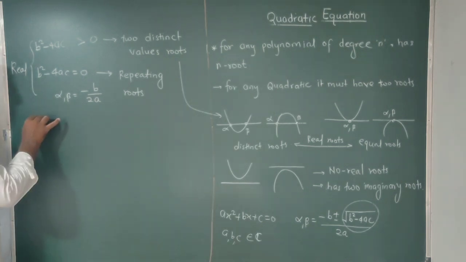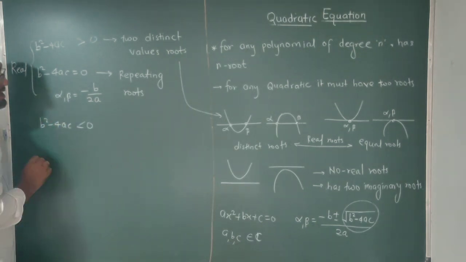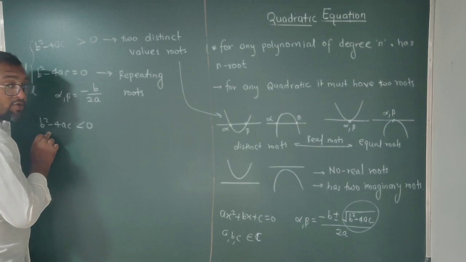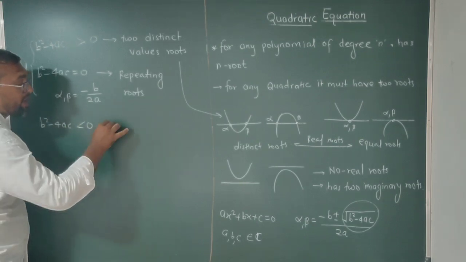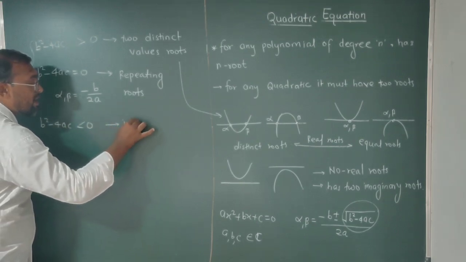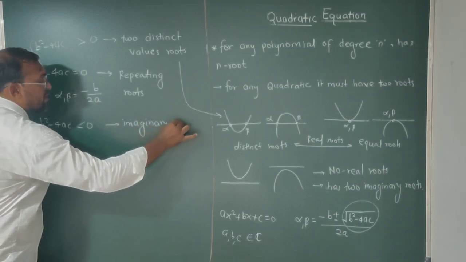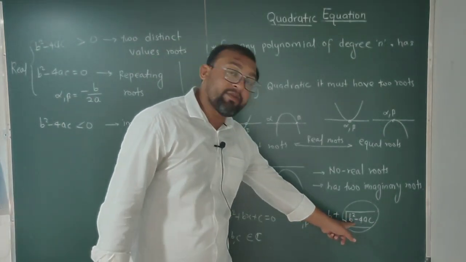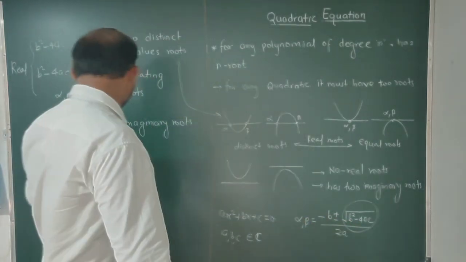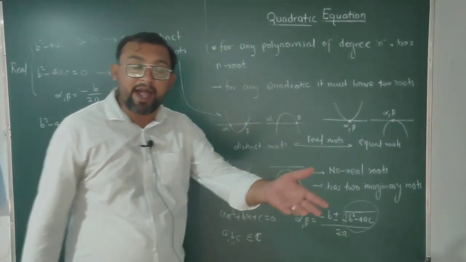Next, if b² − 4ac is less than 0, that means the whole value in the root is negative, and whenever the value under the root is negative, it becomes imaginary. This becomes imaginary roots, and one time it is plus and another time it is minus.